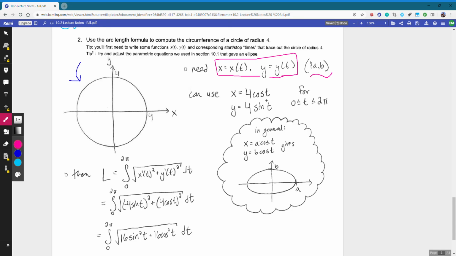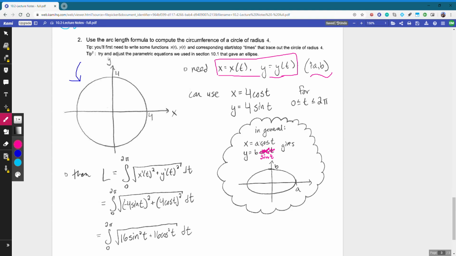Now, if you recall, in one of our first examples, we had this kind of ellipse, and it went out 4 as its horizontal axis, and as its vertical axis, it went up 2, and we used 4 cosine t and 2 sine t, that's a typo, to parameterize that.